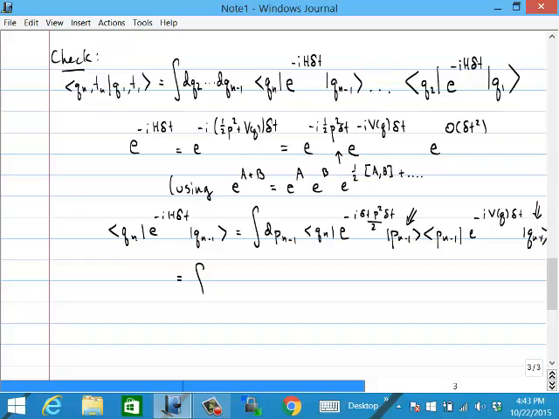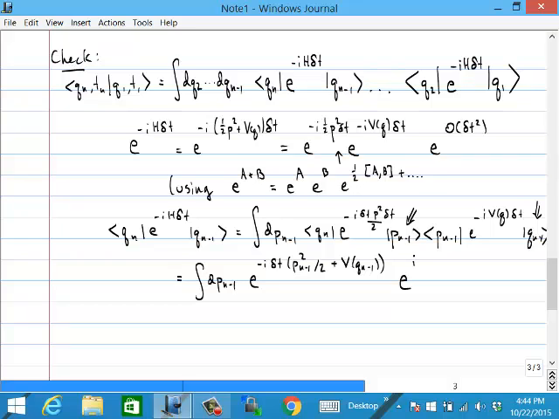So in particular, that's now the integral dpn minus 1 of the exponential of minus i delta t times pn minus 1 squared over 2 plus V of qn minus 1. And then you have the overlaps between qn and pn minus 1, and pn minus 1 and qn minus 1. What are those overlaps? Well, those are just the wave functions of momentum eigenstates in position space.